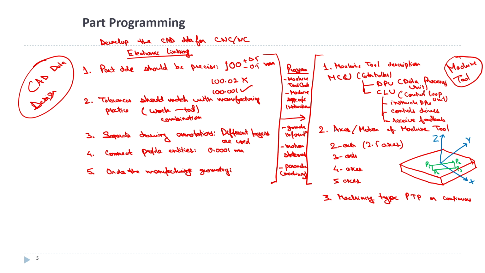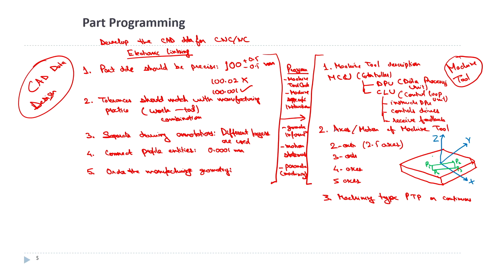So, point to point, it will first move to the second point, third point, and keep on moving. For each movement it will consider it as a linear motion between 2 points; that is, it draws a line segment. In continuous or contour machining, it will start from one point and make a curve. So, this is contour. The starting point and end point are the same. I will call it C.